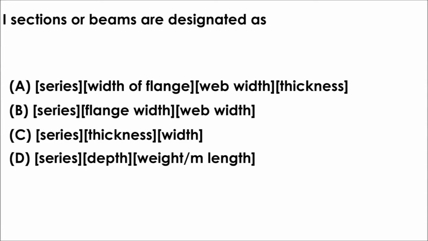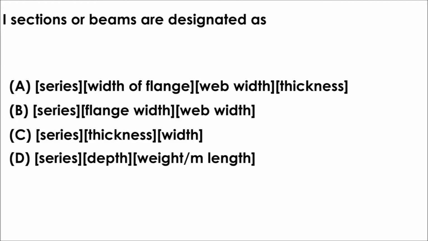Question number 9. I sections or beams are designated as: option A, series into width of flange into web width into thickness. Option B, first series is displayed, then width of flange and then web width. Option C, first series is shown and then thickness is shown and then width is shown.